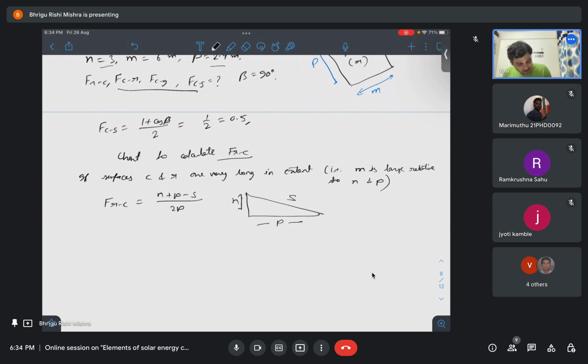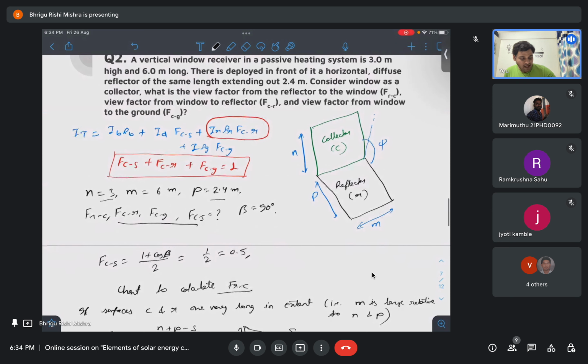Okay, so here S can be calculated as, this is not exactly a right angle triangle, I drew it like this. Okay, so S can be calculated as N square plus P square minus 2NP cos psi. Now psi is 90 degree in this case also, because psi is the angle between collector and reflector.